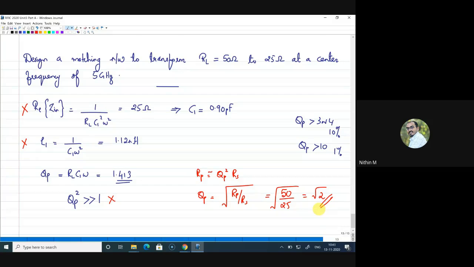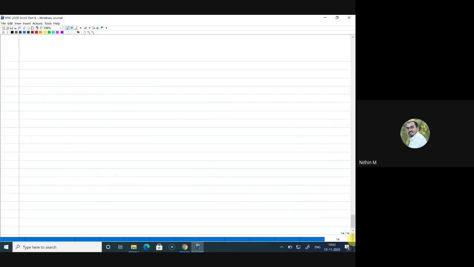Yes, Sarvesh, we have to use the formula we have written now, and calculate the new value. I need to comment here that since QP square larger than 1 is not valid in this case, I need to take the real part of impedance as RL by 1 plus QP square, and I'll get the C1 value from this.